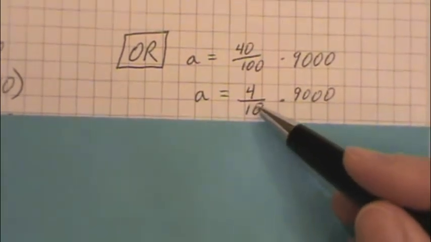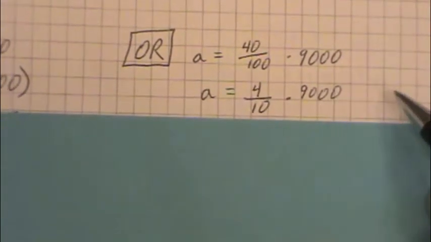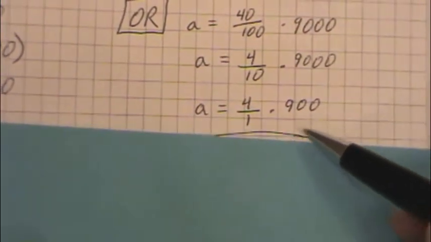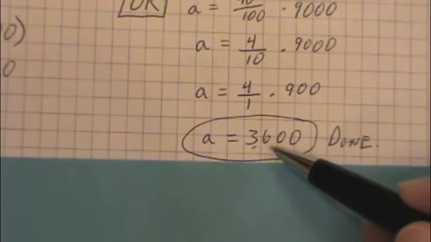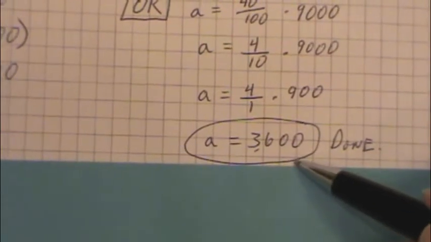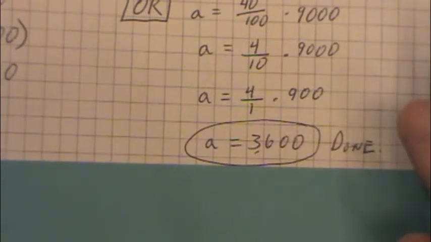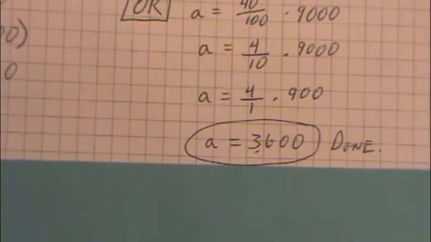You can cross out this 0 with one of these zeros. So now we end up with A is equal to 4 over 1 times 900. A is equal to 3,600. 40% is 3,600. We're done. We don't have to subtract again. That's a little shortcut. You might want to go through and watch it again.